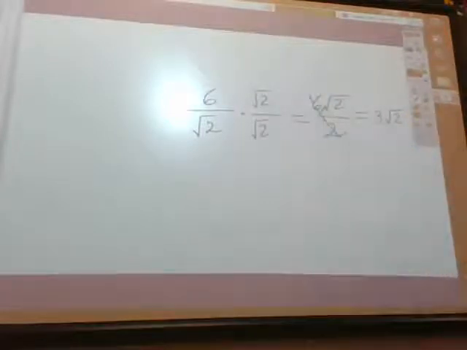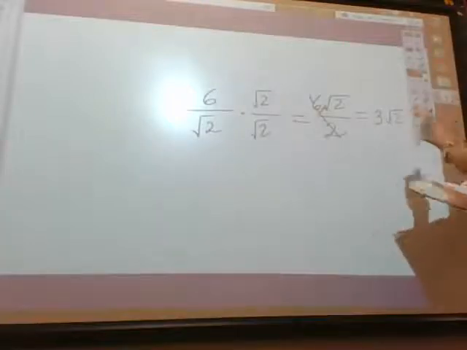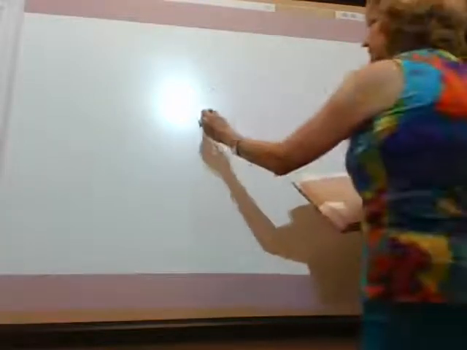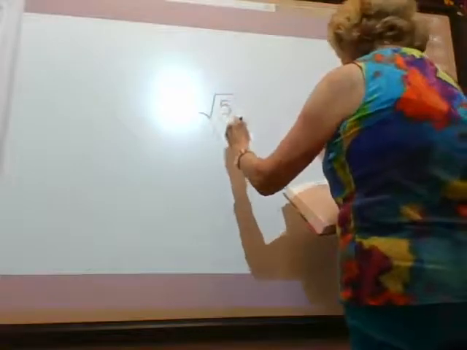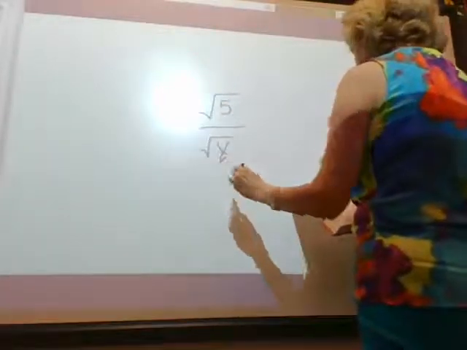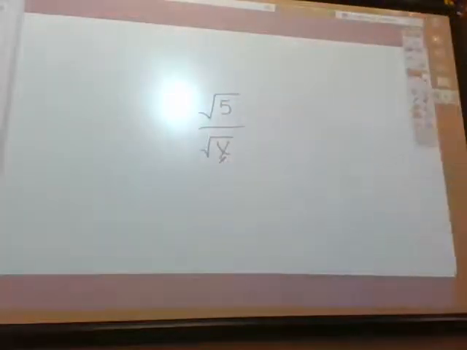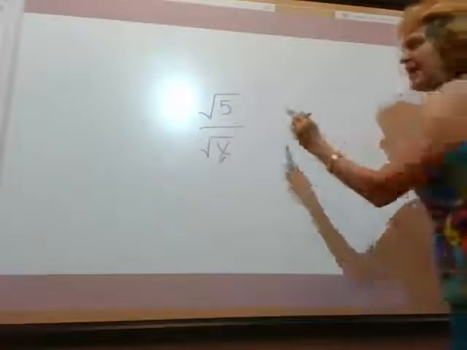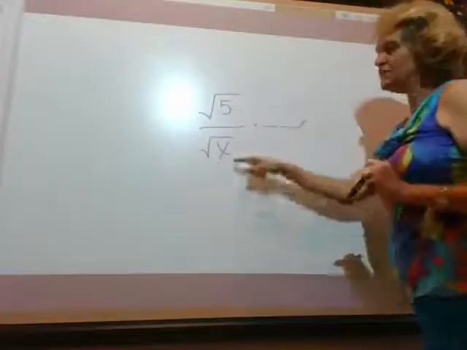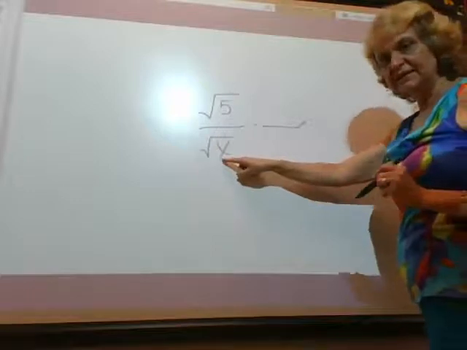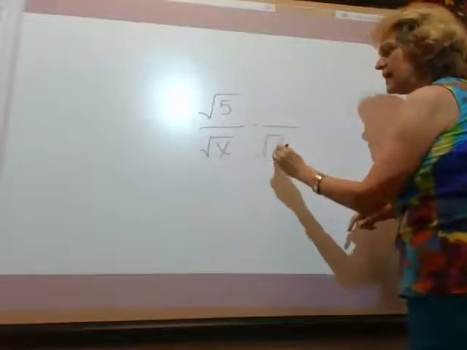Okay? And then the example 8, we have radical 5 over radical x. Oh my, now that they're throwing letters. Well, that's okay. We're going to follow the same principles. I don't want a radical in the denominator. So I'm going to multiply by radical x.